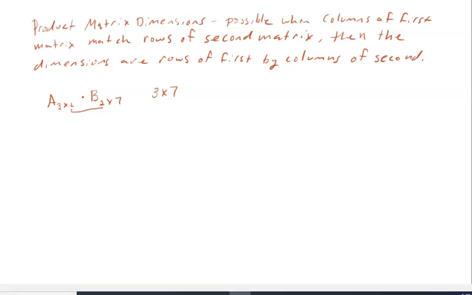If we had two other matrices, again 1 by 3 times a 1 by 2, since these two numbers, the columns of the first and the rows of the second, are not the same, we cannot multiply them together. They do not exist.